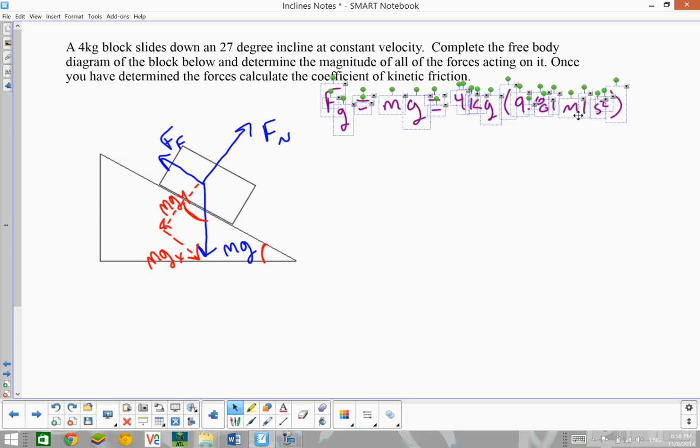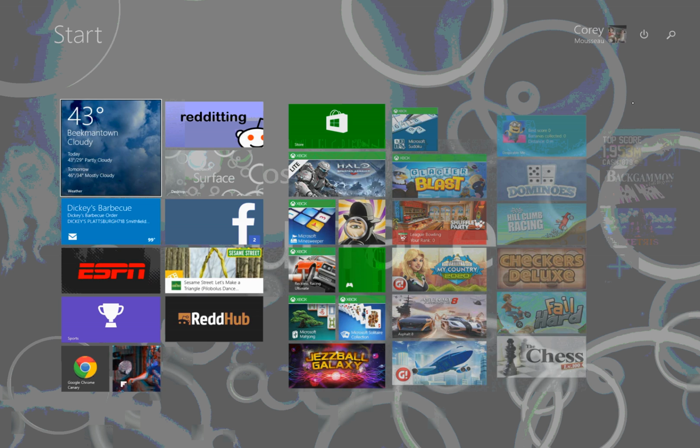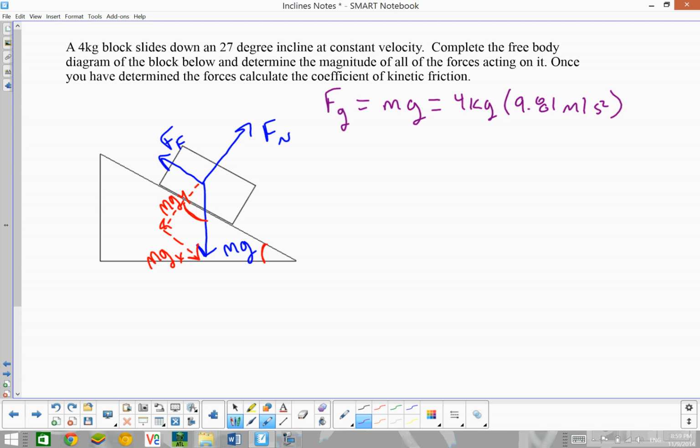And we have an overall weight of 39.24 newtons. Remember, that's not only Fg, but that's also mg.